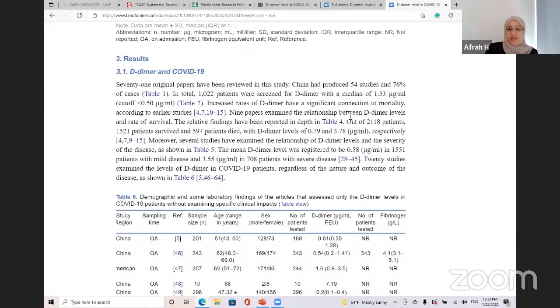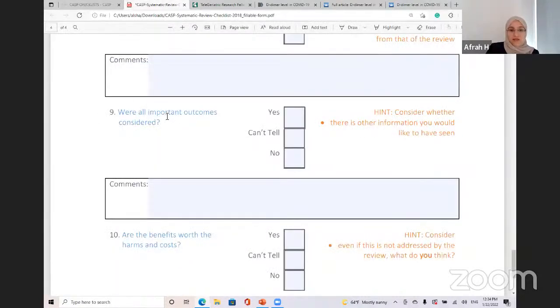Nine papers examine the relationship between D-dimer levels and rate of survival. So they mentioned the survival mortality rate. They also mention here the mild and moderate, mild and severe disease. So for me, yes, all important outcomes were considered.